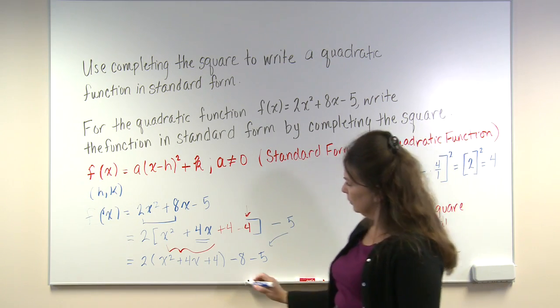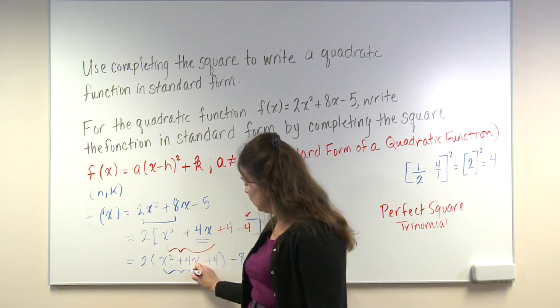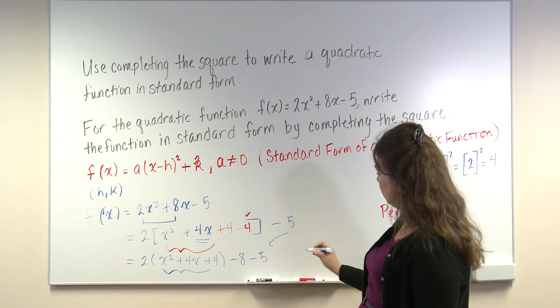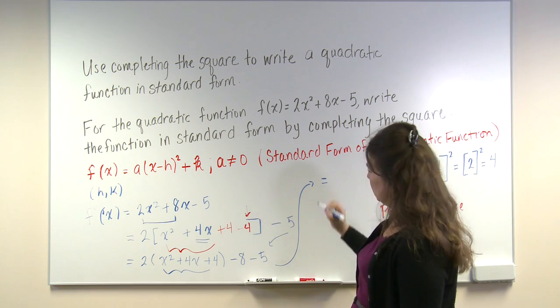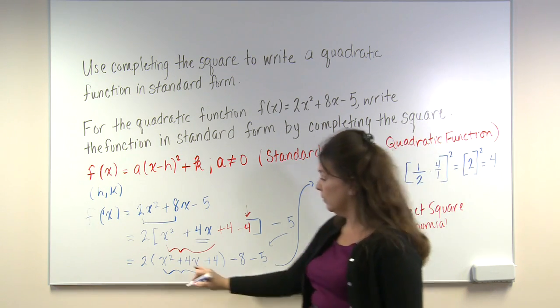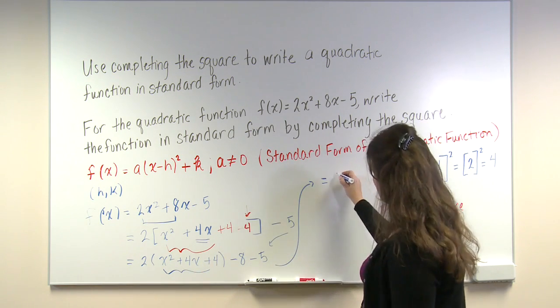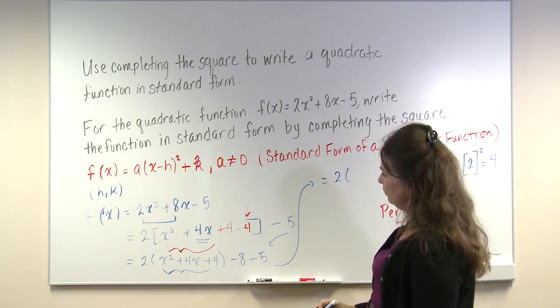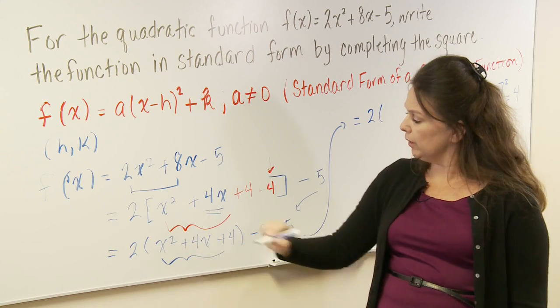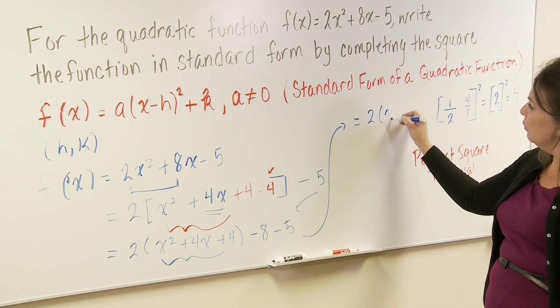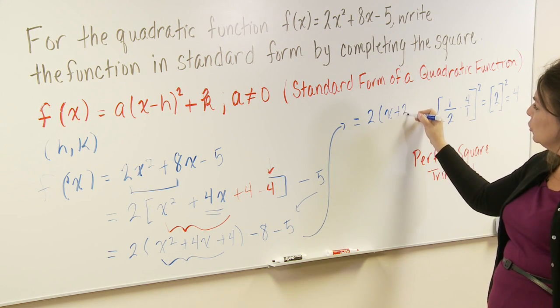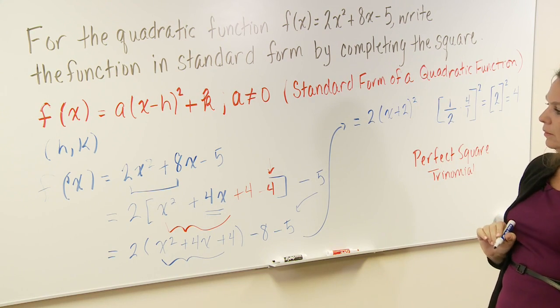From here, I would like to factor this perfect square trinomial. My next step is I have the 2 outside. The perfect square trinomial, x squared plus 4x plus 4, will factor into x plus 2 squared.